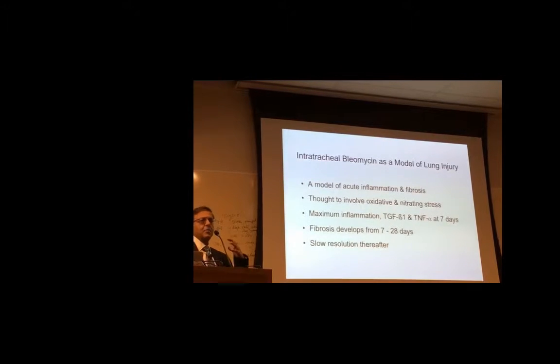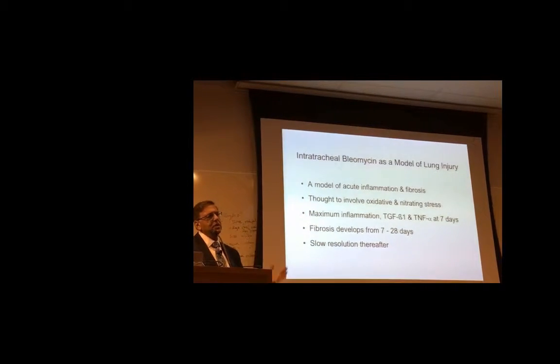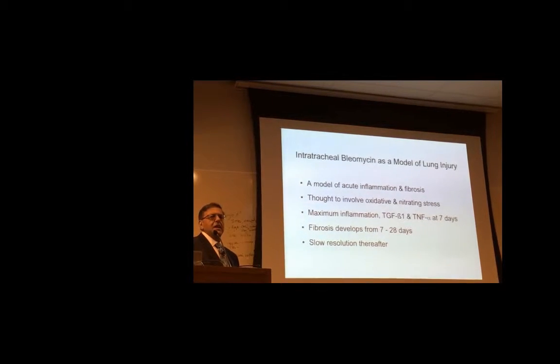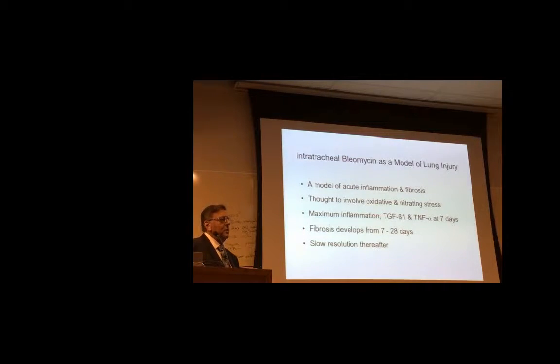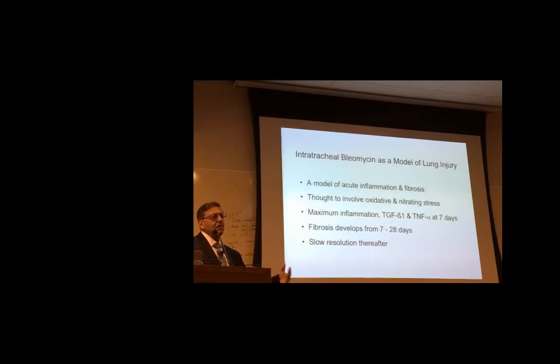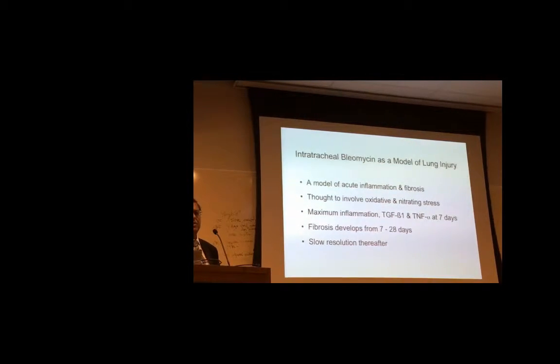So in thinking about models that I could study in terms of acute lung injury in adults and survivable models, hyperoxia and other models that were available usually resulted in the death of the animal. So you could not have a long-term view on how to study this.